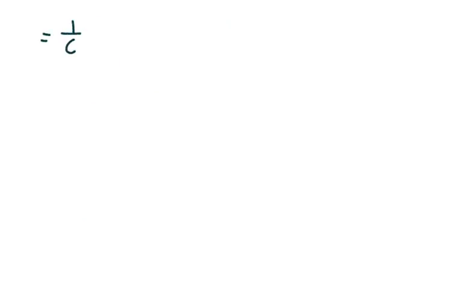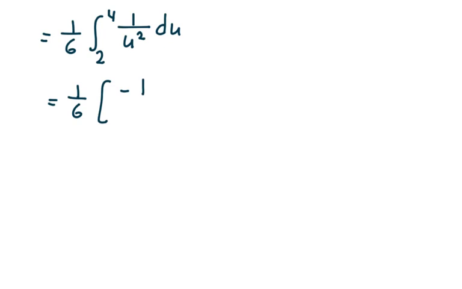So this is 1/6 the integral from 2 to 4 of 1 over u squared du, which is 1/6 times -1 over u evaluated from 2 to 4, which is 1/6 times -1/4 plus 1/2.